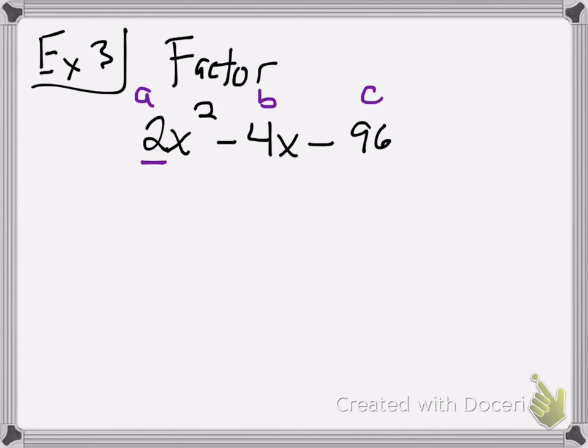We're going to have 2 on the outside of parentheses, x squared, 2 divided by 2 is 1, minus 4 divided by 2, well, that's actually 2, x minus 96 divided by 2 is 48.